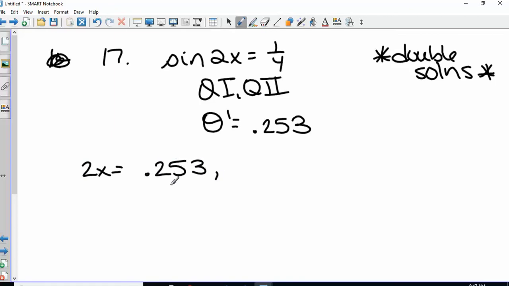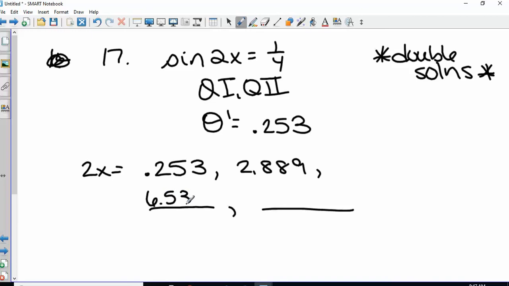So my angle, 2x, could equal, in quadrant 1, your reference angle and angle are the same. In quadrant 2, we normally do 180 minus, but we're in radians, so pi minus 0.253. And that gives me 2.889. But we said double solutions, so we need to get 2 more. What do I do to get that? Add 2 pi.